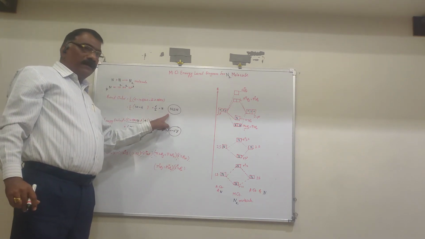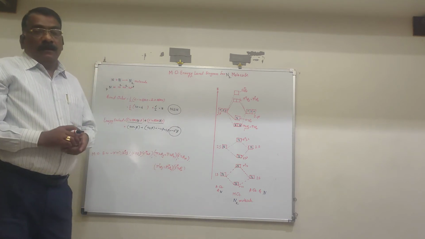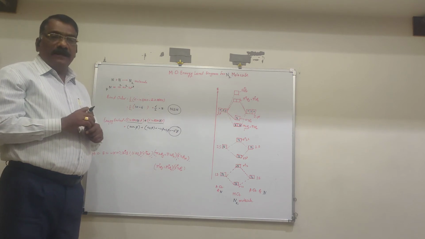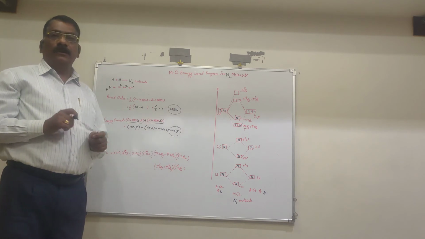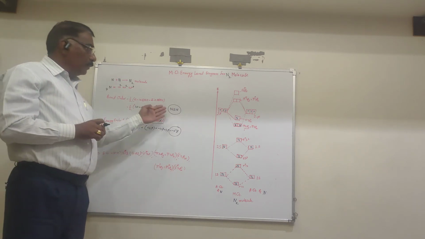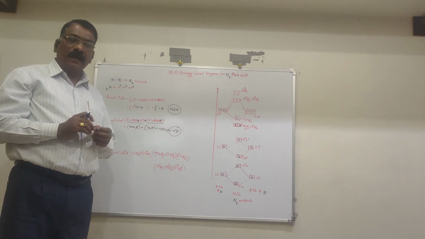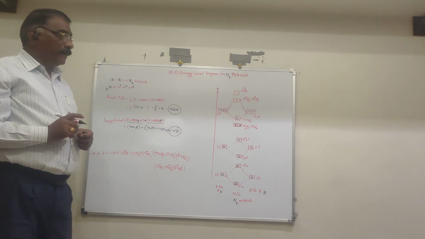This nitrogen with the triple bond has the highest stabilization energy, which means it is strongly stabilized, and this makes the N2 molecule inert. N2 molecule is inert because the triple bond energy is very, very high, that means the stabilization energy is also high, and thus the molecule is stabilized and becomes inert.